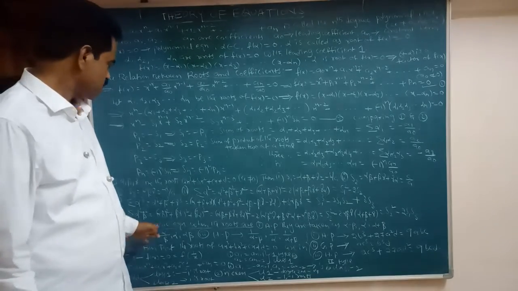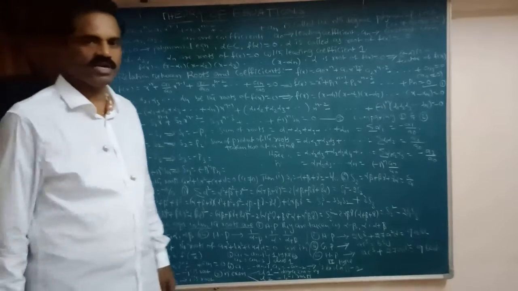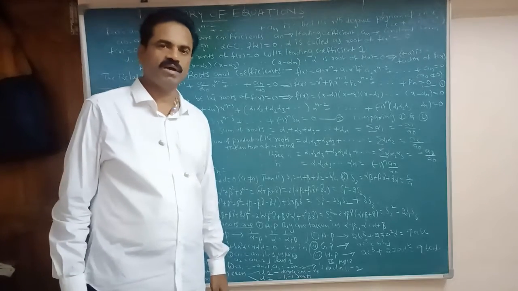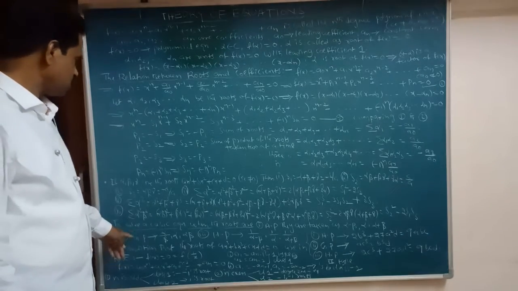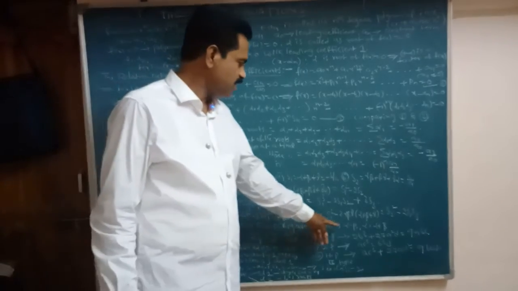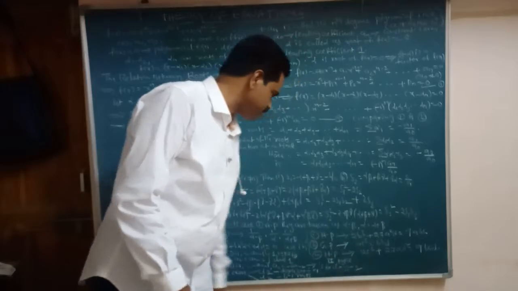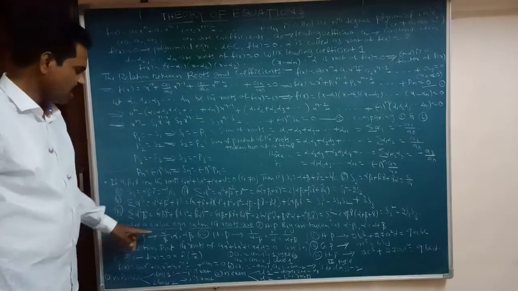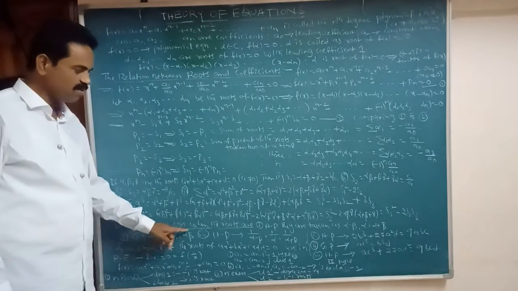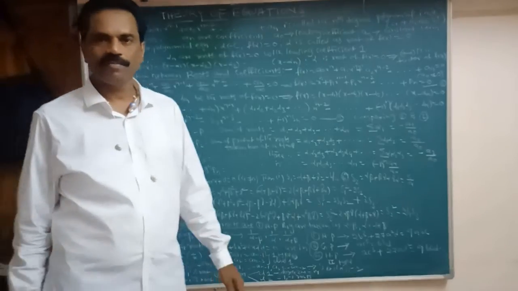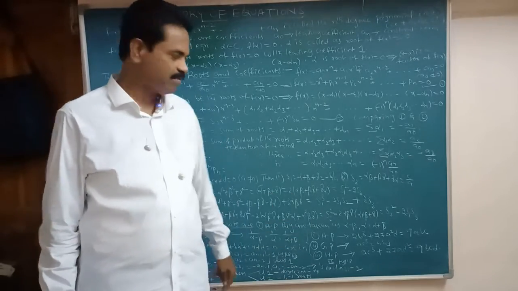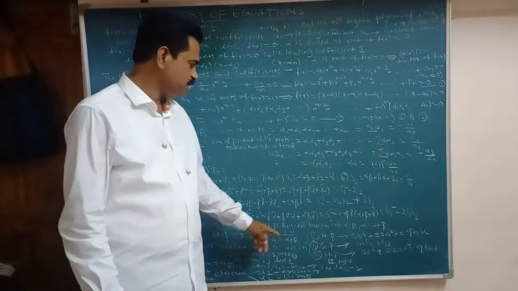In HP, the reciprocal of AP, that is 1 by alpha minus beta, 1 by alpha, 1 by alpha plus beta. See here, in AP they are taken as alpha minus beta, alpha, alpha plus beta. In GP, alpha by beta, alpha, alpha beta. HP, reciprocal of AP, that is 1 by alpha minus beta, 1 by alpha, 1 by alpha plus beta.